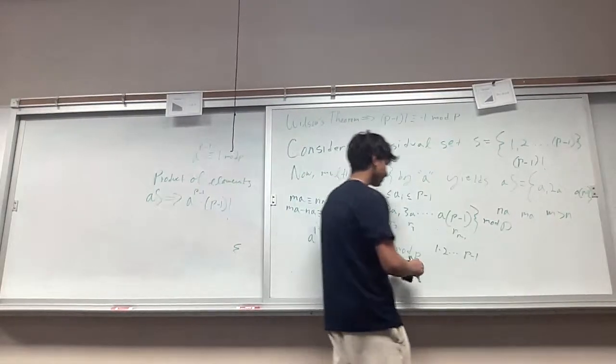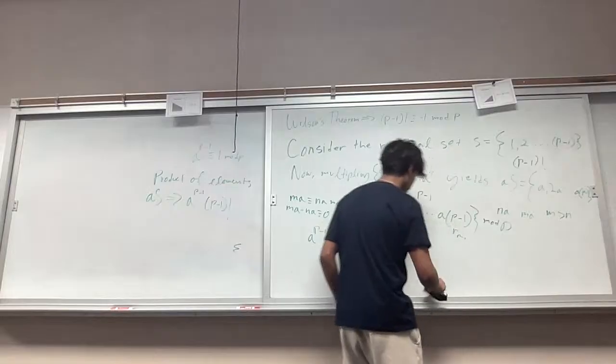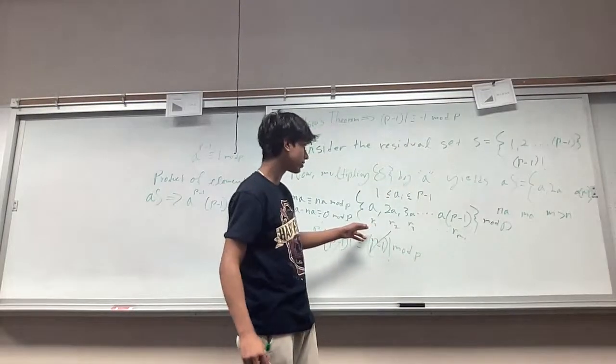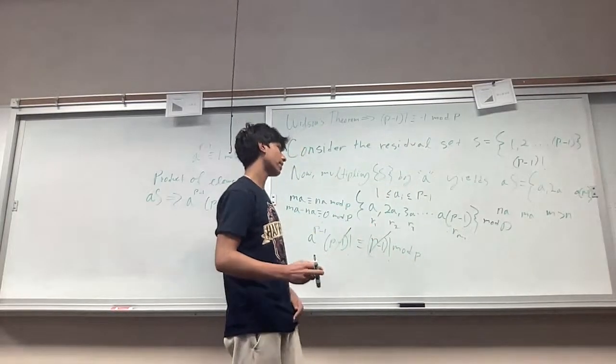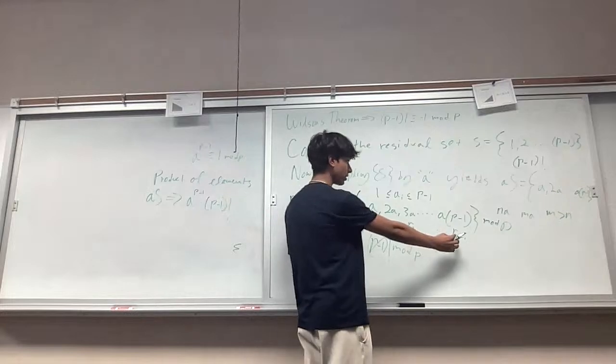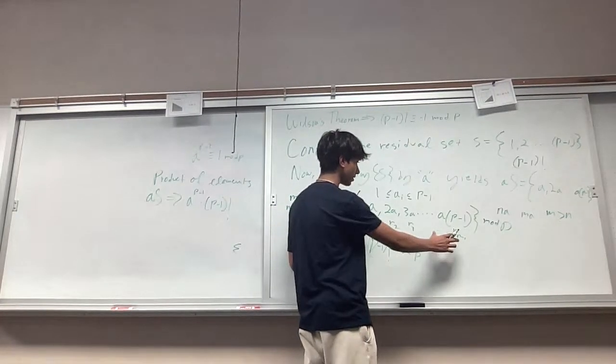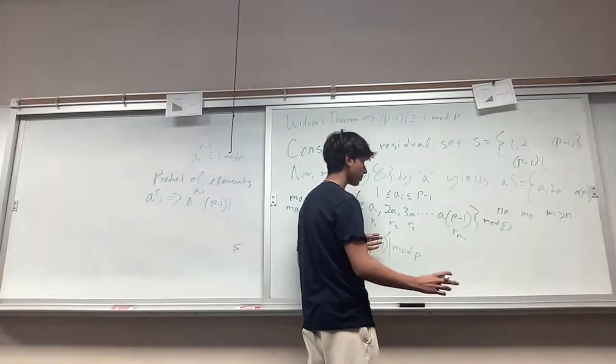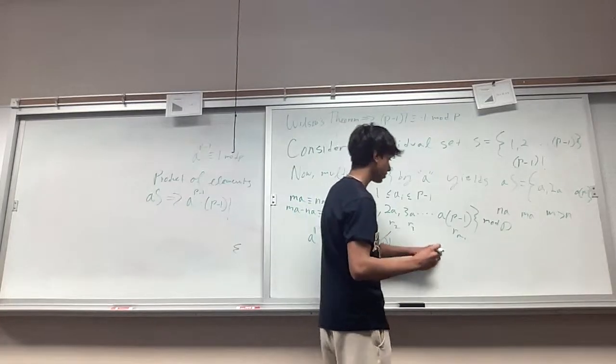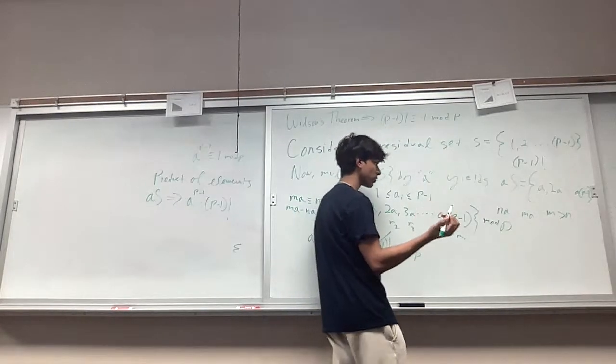Okay, basically the residuals, we've shown that because they're all distinct, they're all going to be different mod p, and you only have p minus 1 things to choose from.